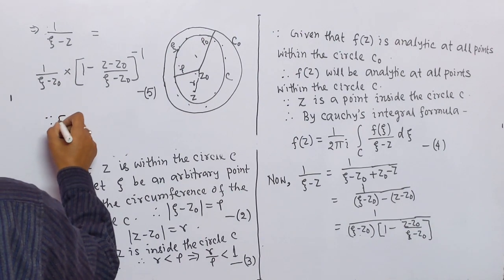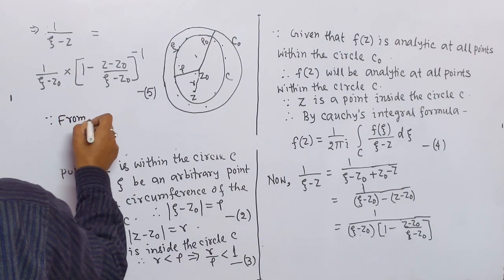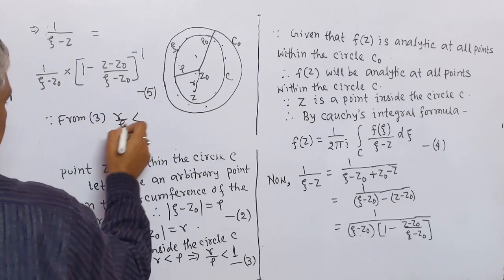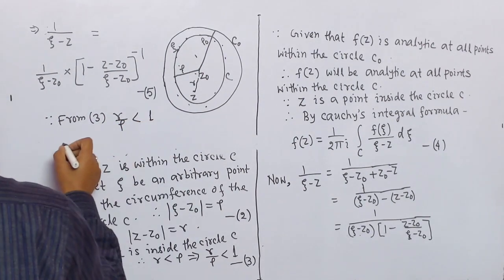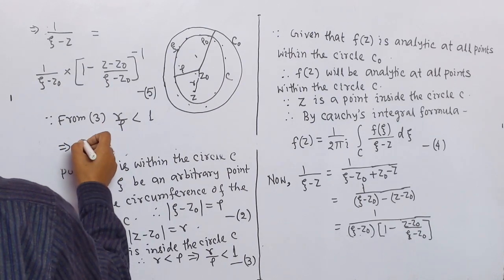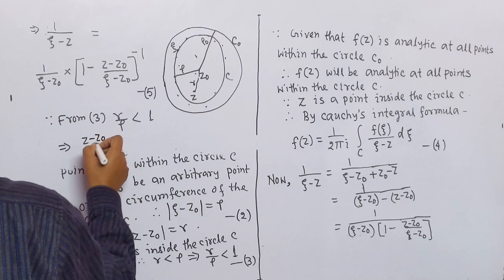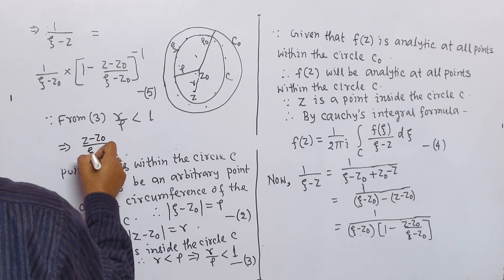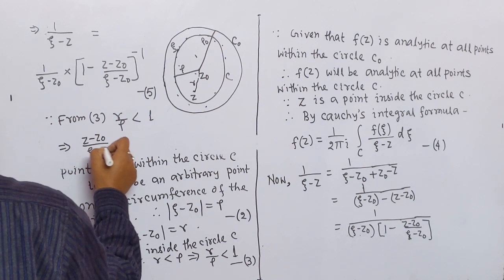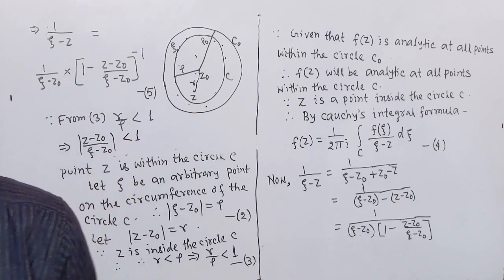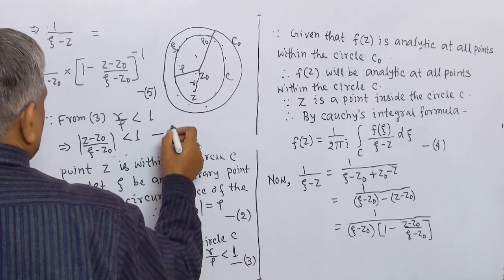Since from 3, r by rho less than 1 implies that modulus of z minus z naught by xi minus z naught is less than 1. Let this be number 6.